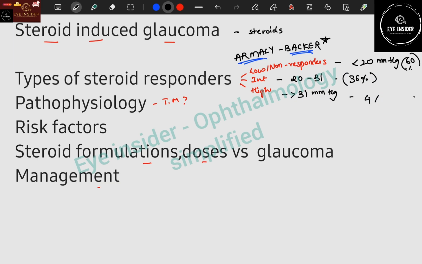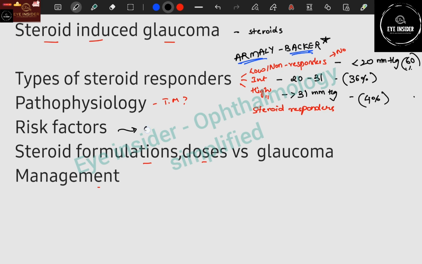So 60% of the population are non-responders, 36% are intermediate responders, and high or steroid responders are 4% of the population. So these are the types of steroid responders in the community or the population.